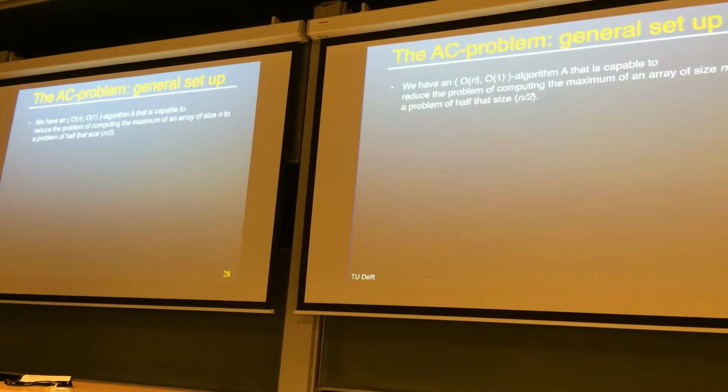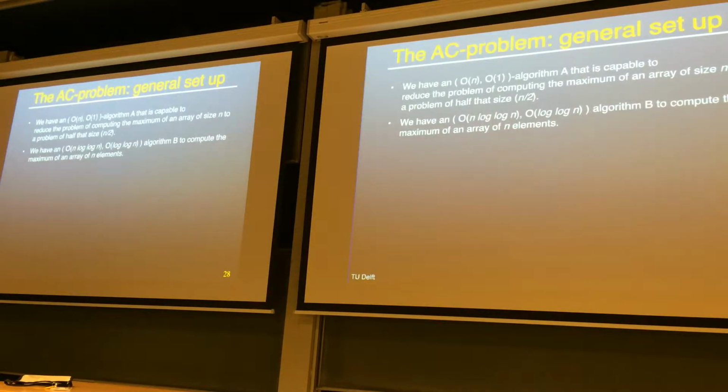Well, we had an algorithm A. Sorry, this is not completely true. This should be an O(log n) time and O(n) work algorithm, A, that is capable of reducing the problem of computing the maximum of an array into a problem of half that size. Sorry for that. This should be O(log n). That basically was the algorithm that we used on balanced trees.